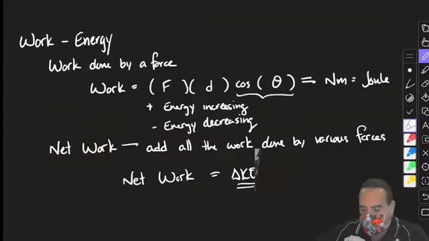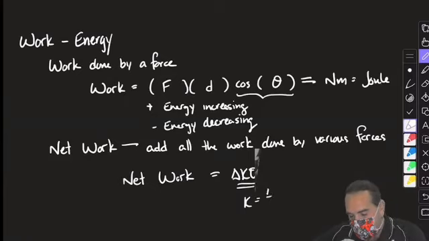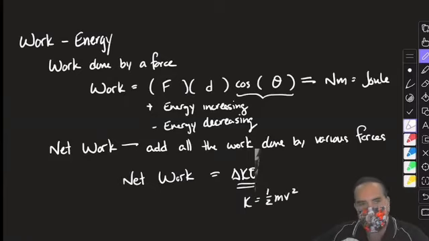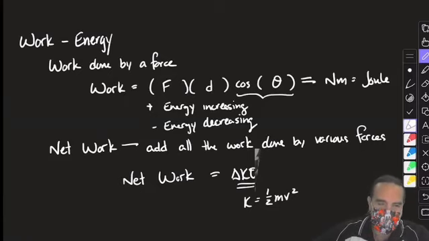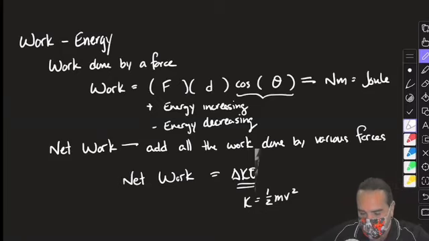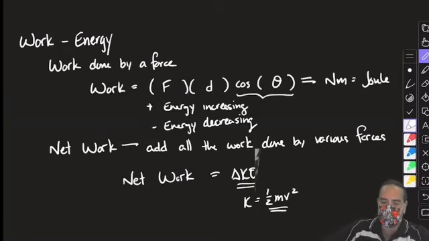Next, I want to also remind us that kinetic energy is written as 1/2 mv squared. And it too would be in joules. If you work out those units, like kilograms, meters squared per second squared, it still works out to be joules. Now, that's what we did all the way up through and including Thursday.